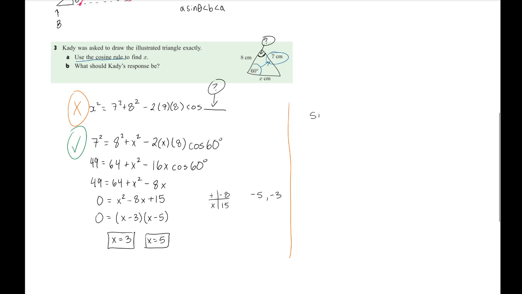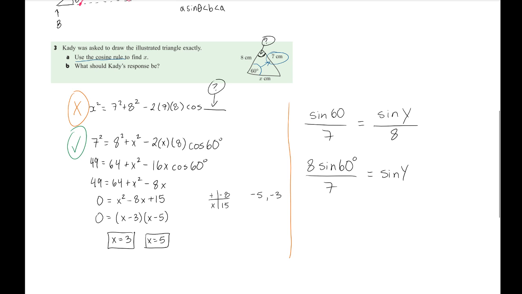You said sine 60 over 7 is equal to sine, I guess not x, sine y over 8, right? We could go about solving for that missing angle that's across from the 8 centimeter side, because we'd end up with this.